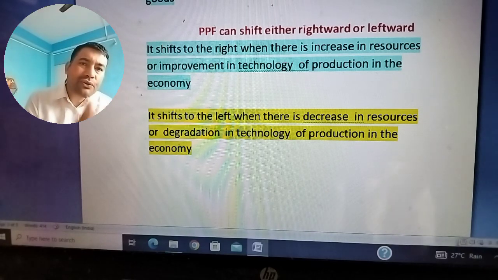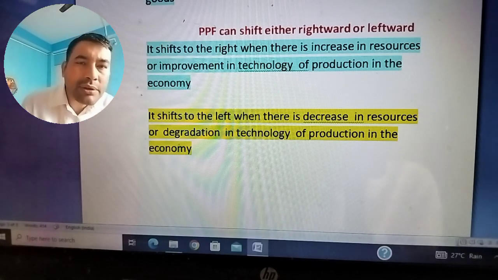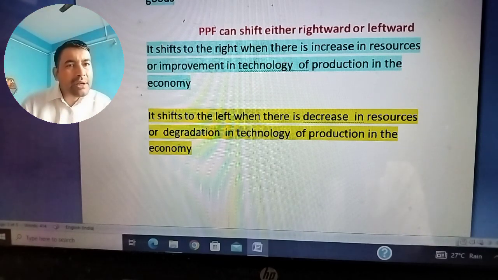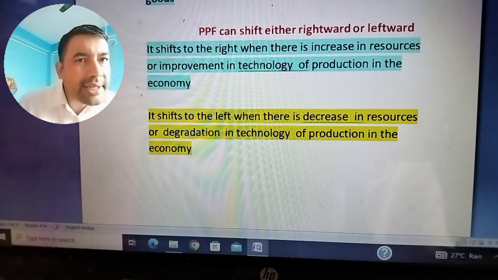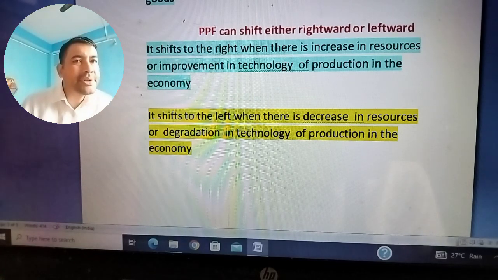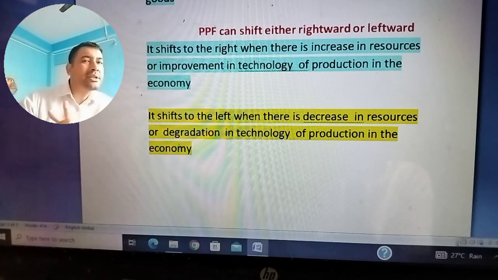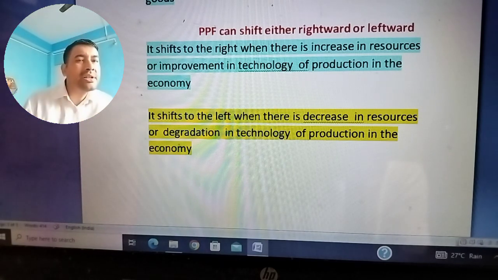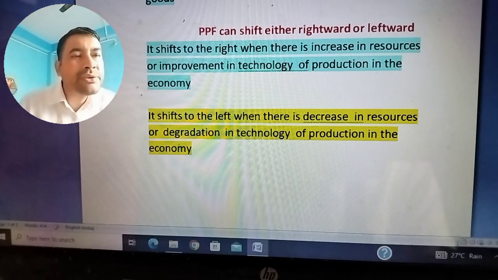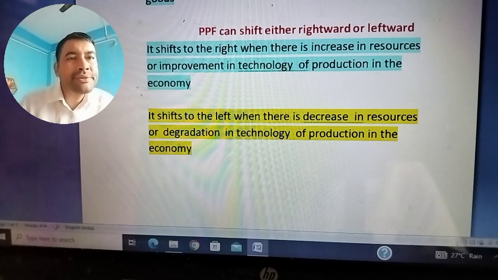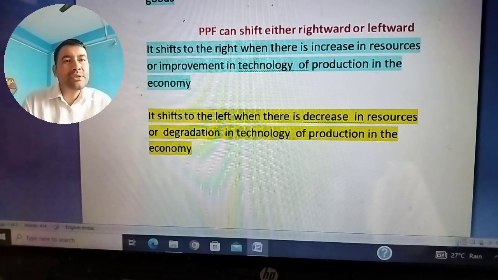It shifts to the right when there is an increase in the amount of resources and there is improvement in technology. And when does it shift to the left? It shifts to the left when there is a decrease in the supply of resources, or there is degradation in technology. If the technology degrades, then the production possibility curve will shift to the left.